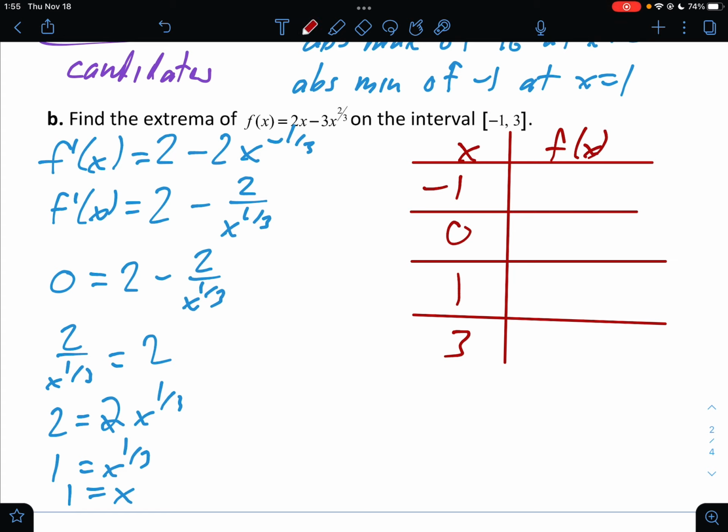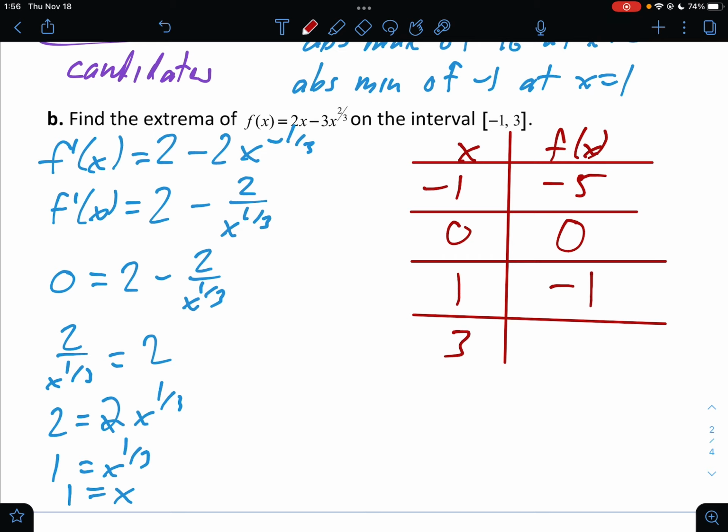All right, now we simply get our y values back. So if we put negative 1 in, we would get negative 2 minus 3 times negative 1 to the 2/3. Okay, so that's negative 2 minus 3, which is negative 5. 0 is always nice and easy, so 0 minus 0, that would give us 0. 1 gives you 2 minus 3, or negative 1.